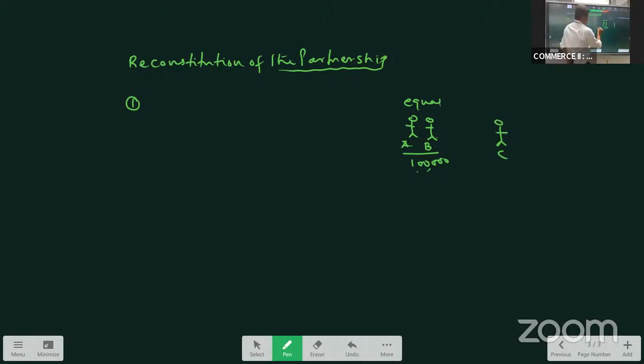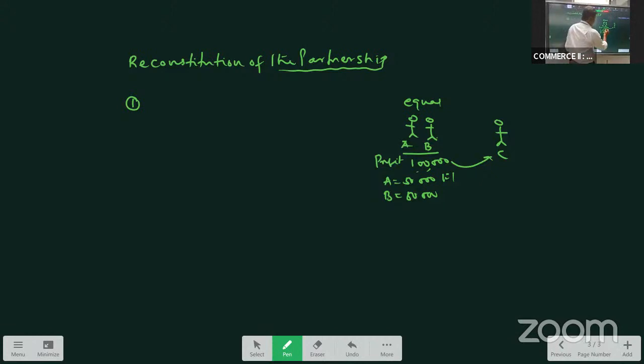So if they earn a profit of 1 lakh, earlier A was getting 50,000 and B also was getting 50,000. What was the ratio? Let us say 1:1. Now when C is admitted into the firm, obviously a part of the profit has to go to C also, no? Because C is contributing his capital, so he has to be given some share in future profits.